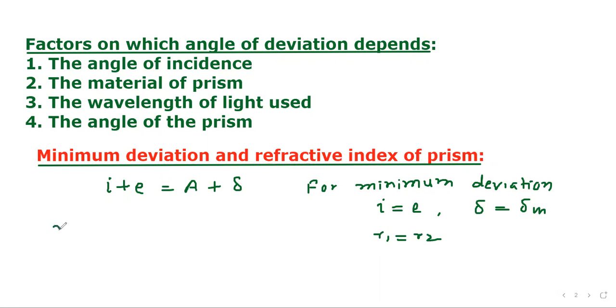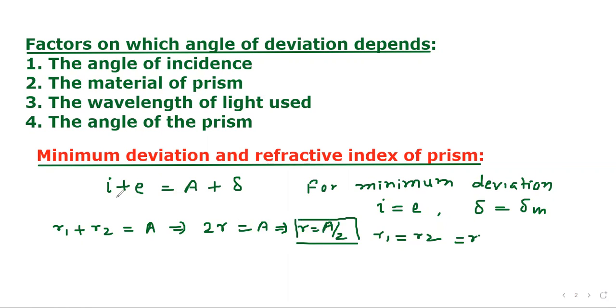So we have the relation R1 plus R2 equals A. From there, suppose R1 equals R2 equals R. So 2R will be A, which will give R equal to A by 2.